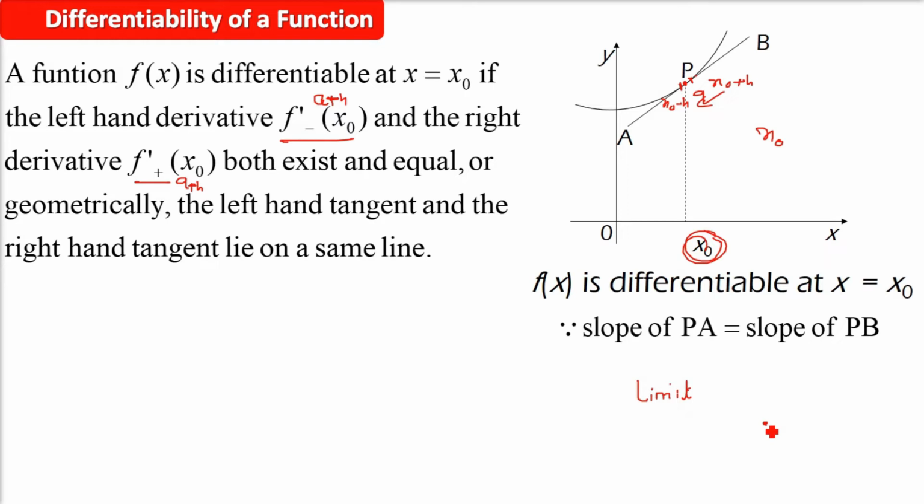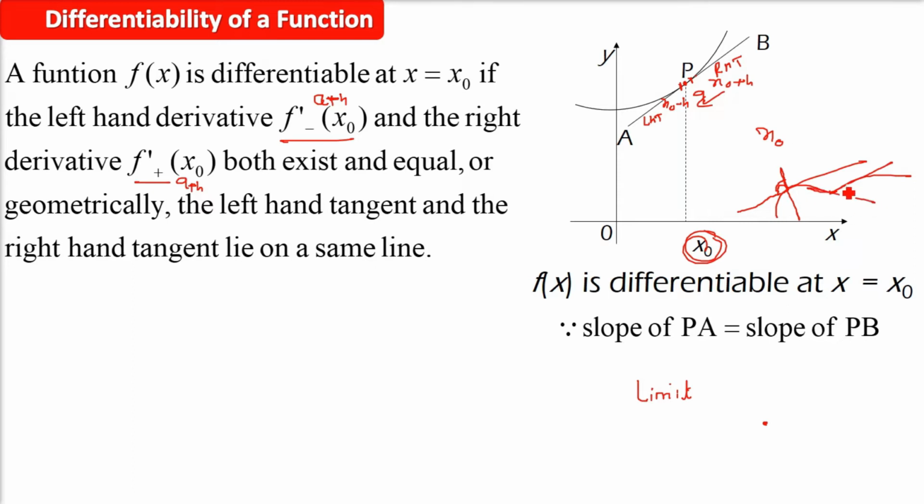The second very important thing for differentiability is the tangent at the left hand point and the right hand point. If you draw the tangent, it should be the same tangent. That is the left hand tangent and the right hand tangent ought to be the same line.